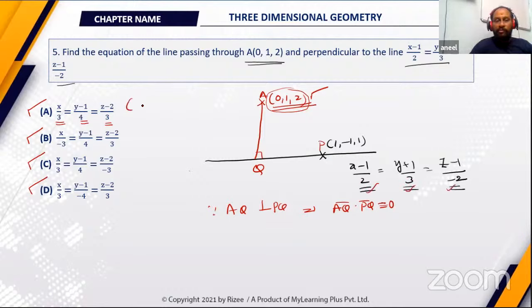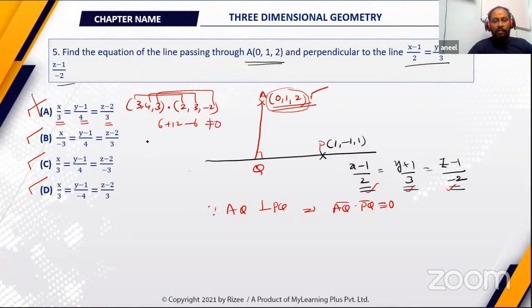So 3, 4 and 3 dot product with 2, 3 and minus 2. Check whether you get 0 or not. If you get 0, that's fine. So 3 2s are 6, 4 3s are 12 and 3 minus 2s are minus 6. This is not equal to 0, hence this is not the answer.